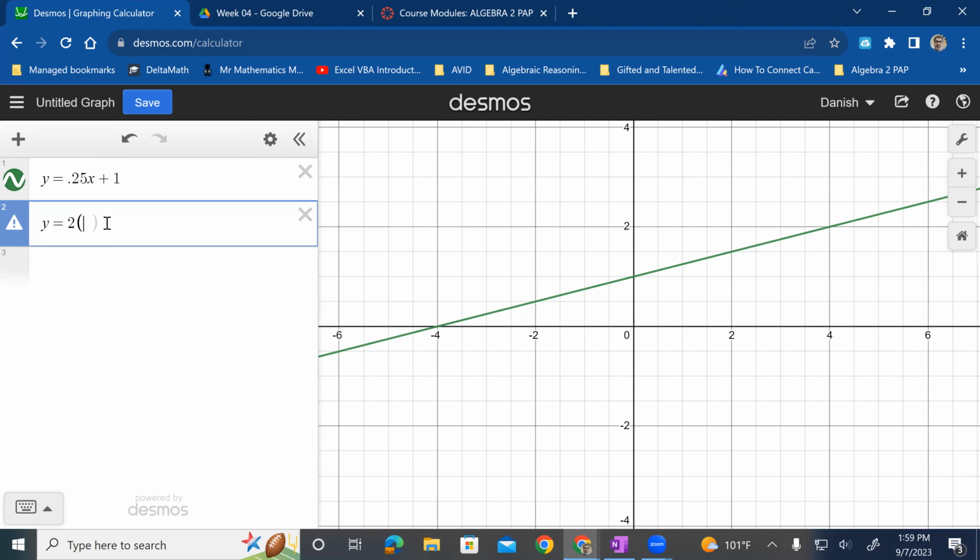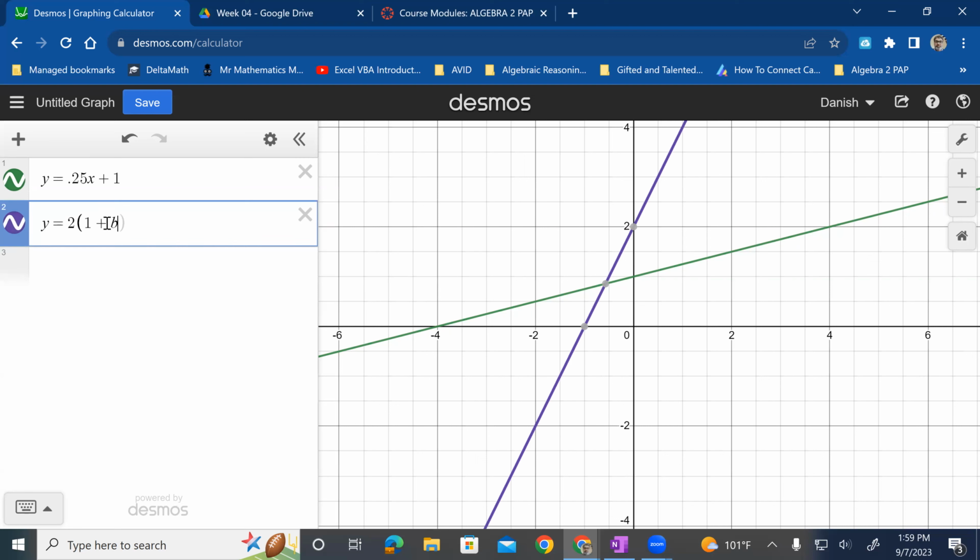This formula for the growth and this formula for the decay, I will put it on the screen also. So 1 plus a b.